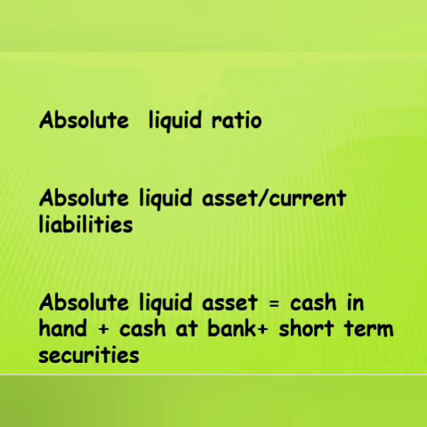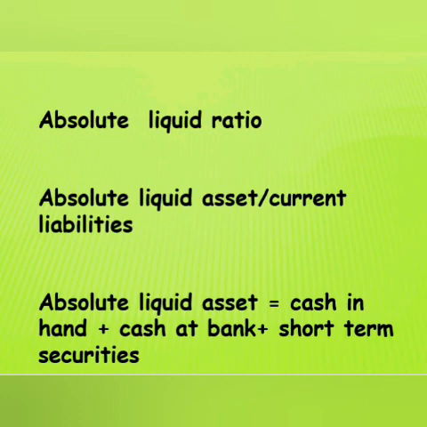Absolute liquid ratio. Absolute liquid ratio is also known as cash ratio, and this shows the relationship between absolute liquid assets and current liabilities. Cash, bank, and short-term securities are absolute liquid assets.